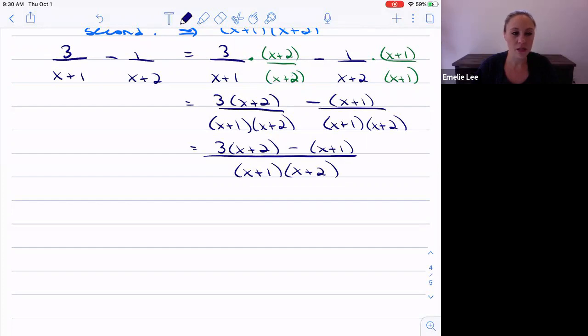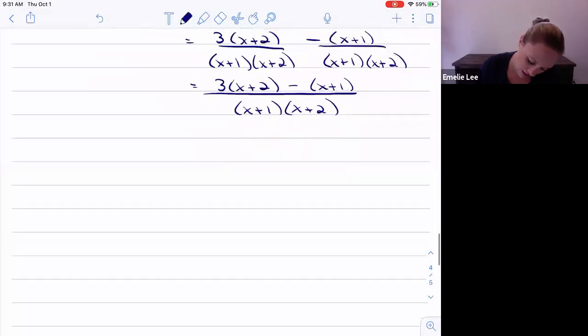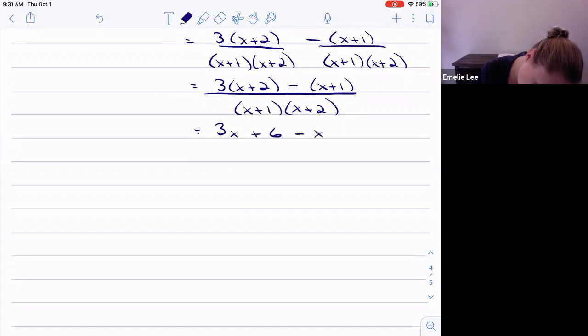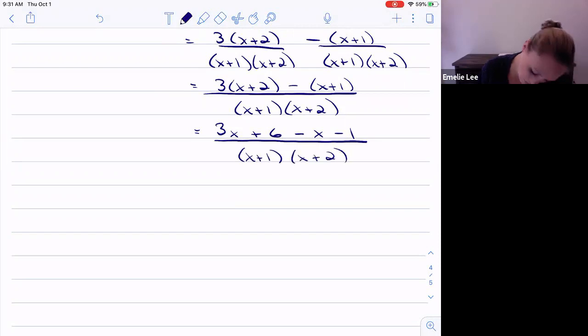Maybe what I'll do is try to simplify the numerator a little bit. I'll expand the 3 inside, expand this negative in here, and see if I can simplify it a little bit. So I'll do 3x plus 6 minus x minus 1 over x plus 1 times x plus 2.